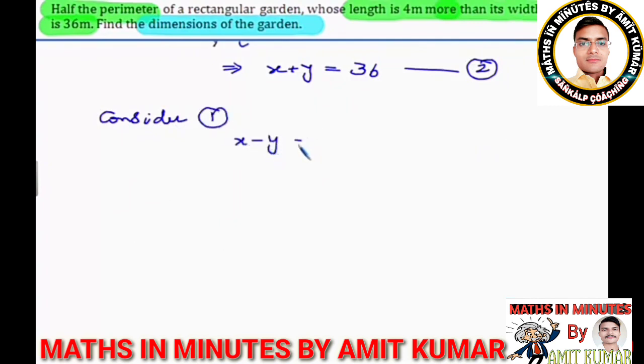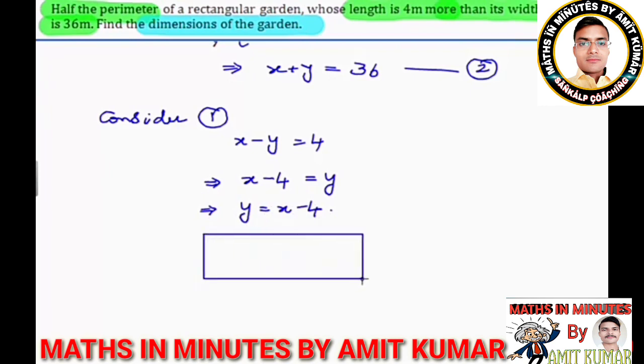Let's consider equation number first, x minus y is equal to 4, and find coordinates for these equations and plot the coordinates on the graph paper. We can write y is equal to x minus 4, when we put value of x and we'll get value of y.